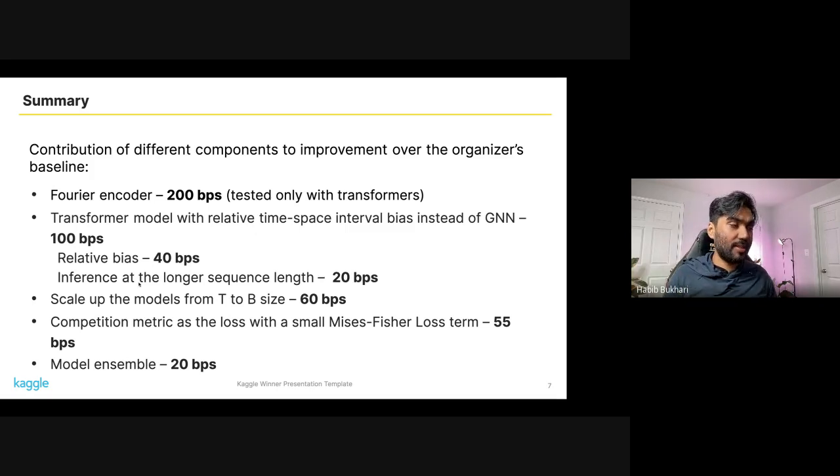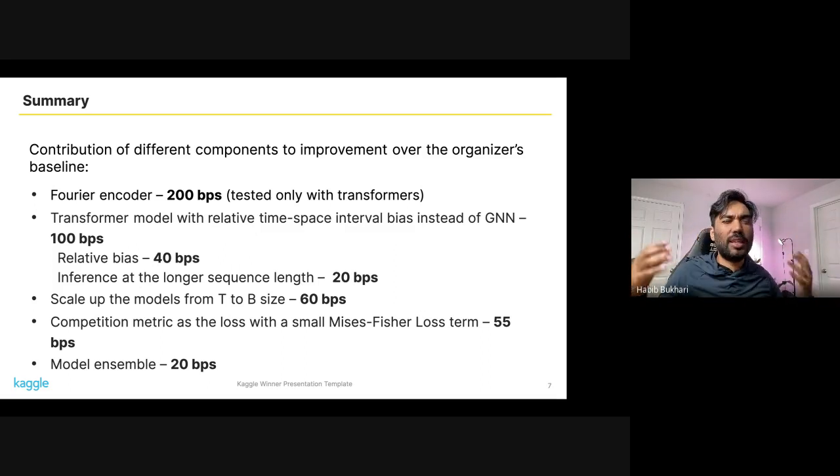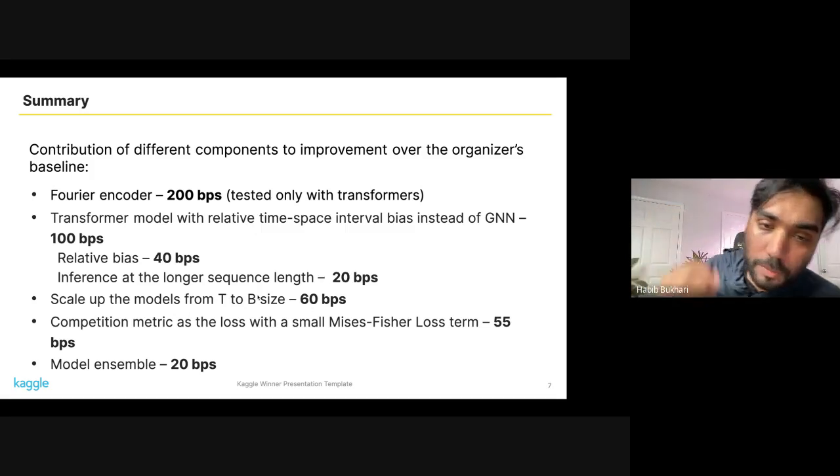One trick we did is that during training, we trained on a fixed length. For example, we would train on 192 events, and during inference, we ran inference on many more detectors, I think 512 or even up to 768. Again, if you scale the transformer decoder from T to B size, I forgot what T stands for, but I think it's tiny to base size, you get a 60 basis point improvement.